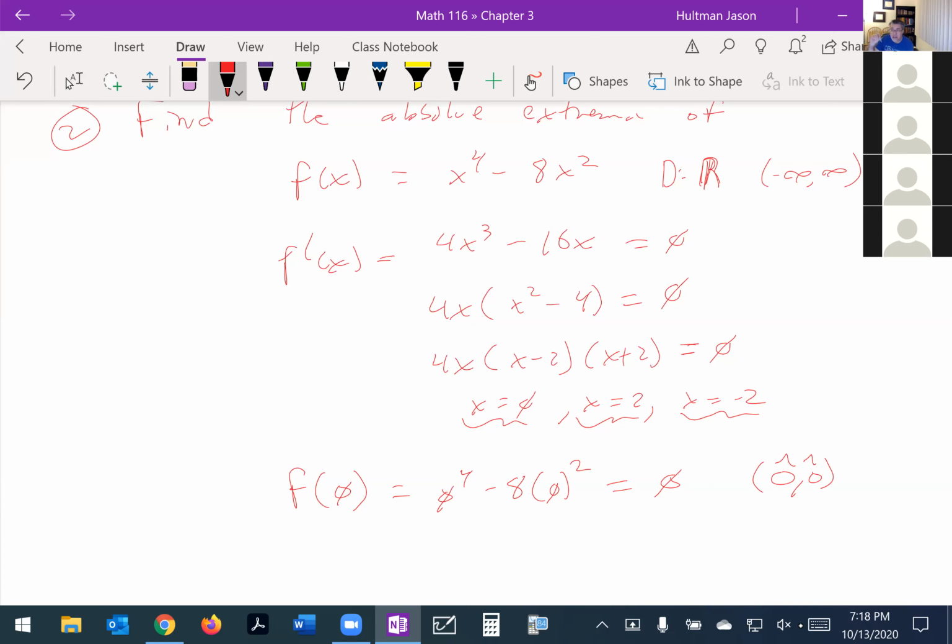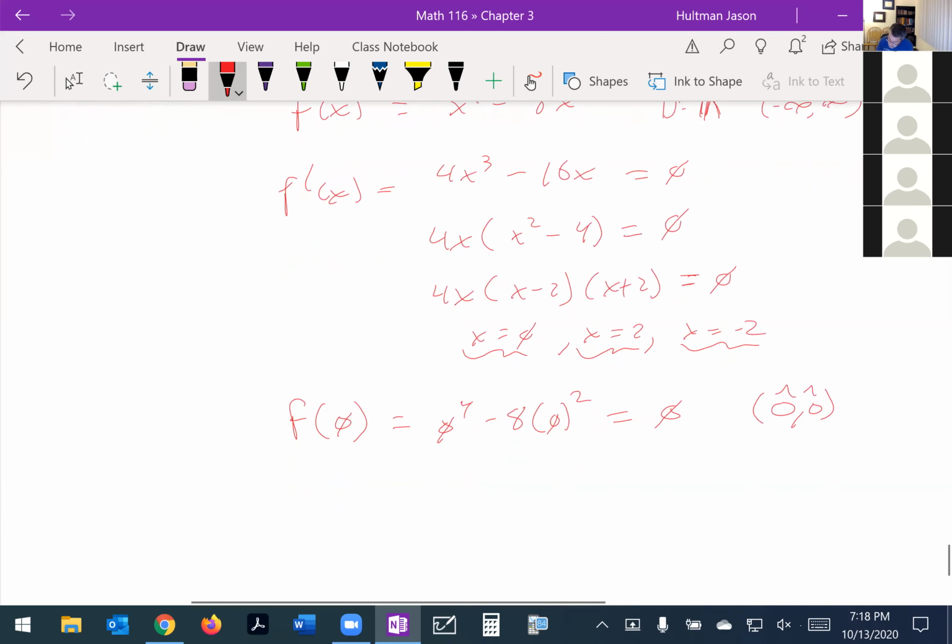We just want to know what's the highest value, what's the lowest value. Let's try f of 2. This is 2 to the 4th minus 8 times 2 squared. 2 to the 4th is 16, minus 8 times 4, which is 32. So that's negative 16. So this is (2, negative 16).